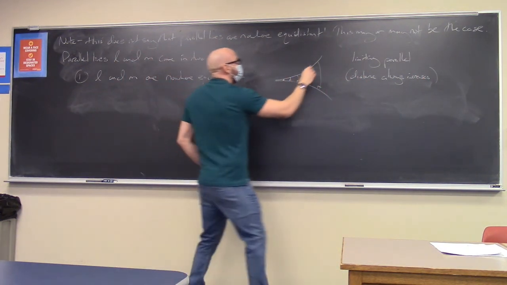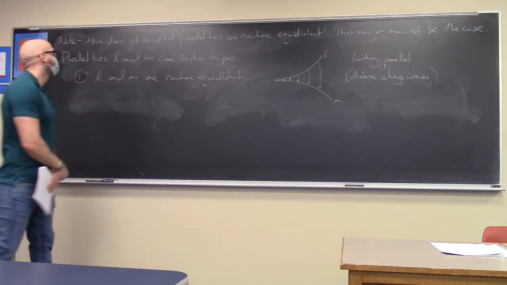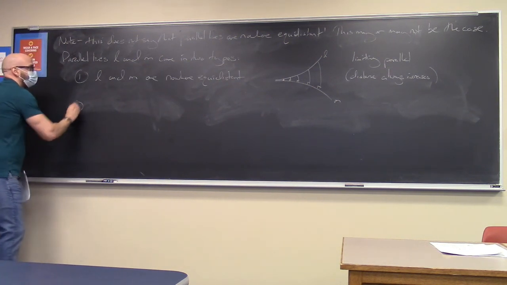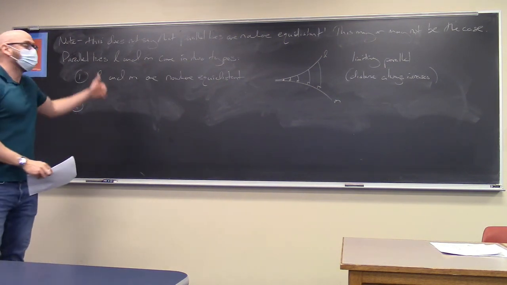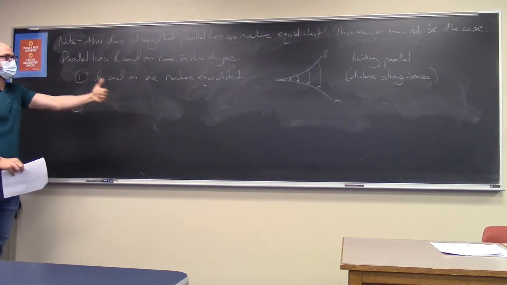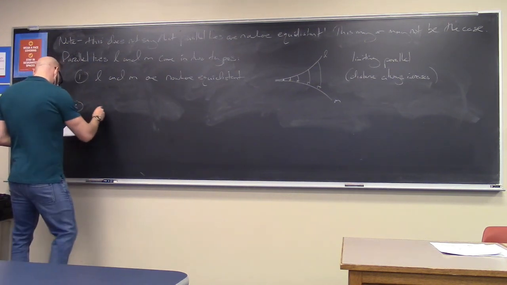So here's L and M. Or type 2 is the picture I already drew on the board to convince you that they don't have to be nowhere equidistant for this theorem to be true. You can still have some line segments between them that are congruent.